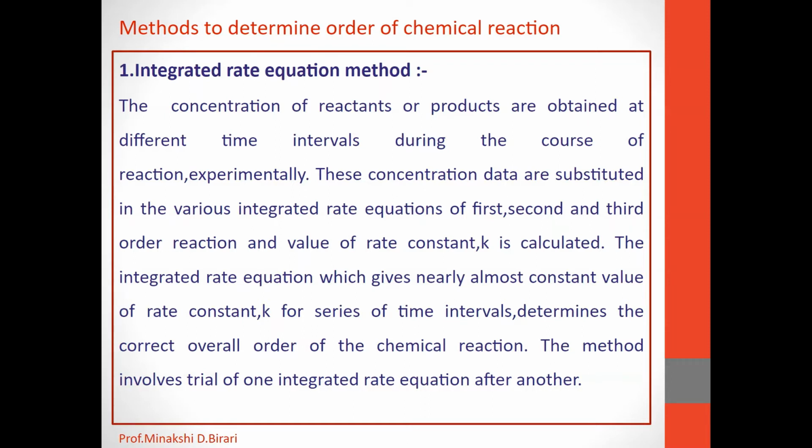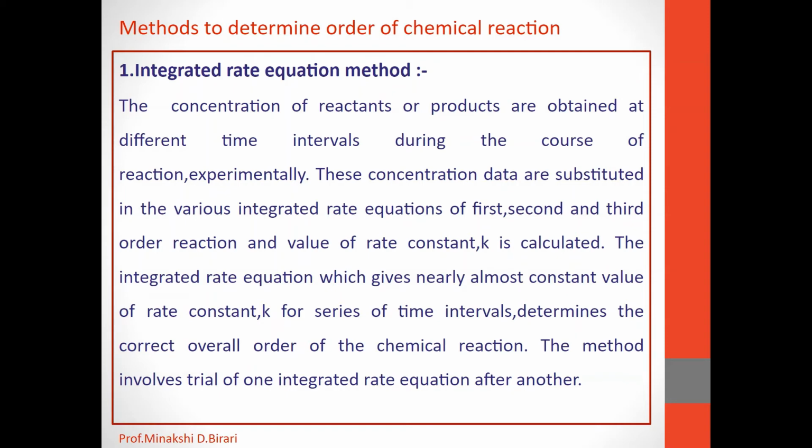So the integrated rate equation method is also a useful method to determine the overall order of a reaction. In this, the reaction under study is performed by taking different initial concentrations of the reactant and noting the concentration after regular time intervals.